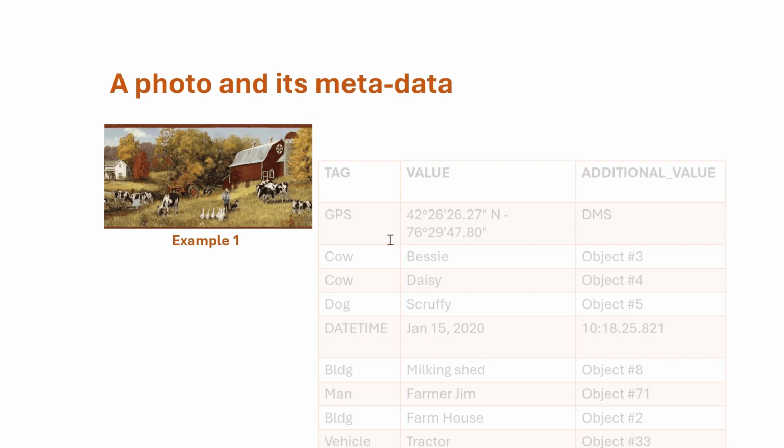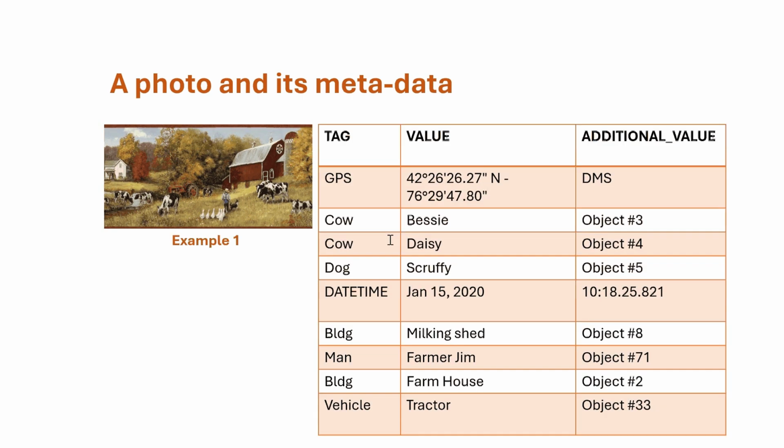We have an example of a farm in which there are some cattle and some objects like a tractor, house, and ducks, and this can be structured based on various tags. For example, GPS gives the latitude and longitude coordinates of the location of this picture.